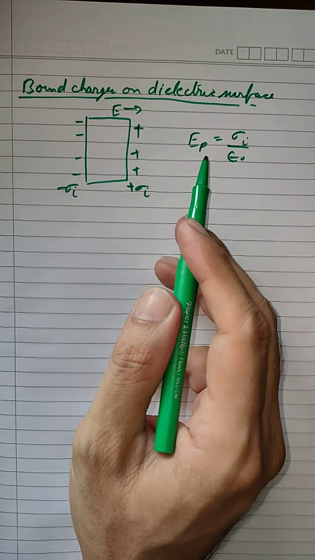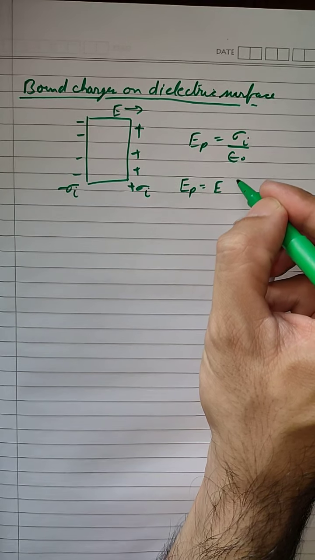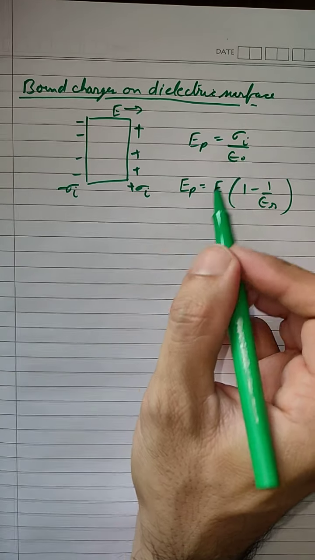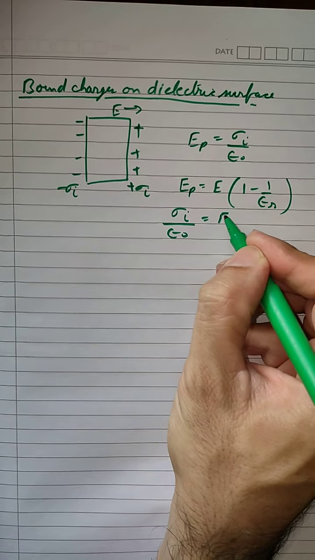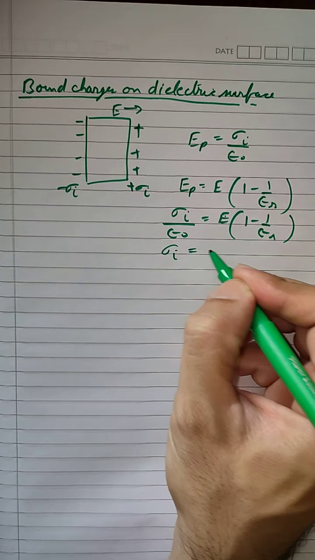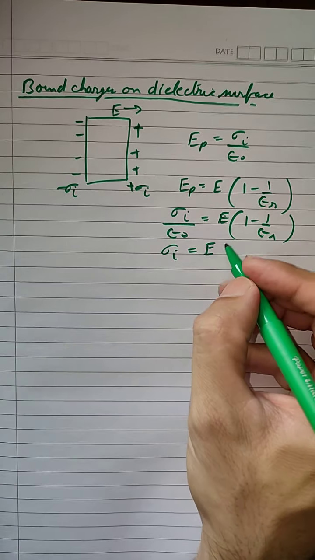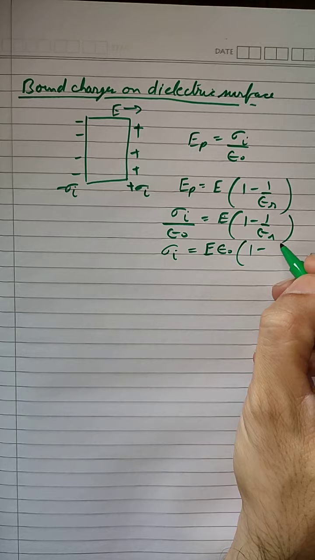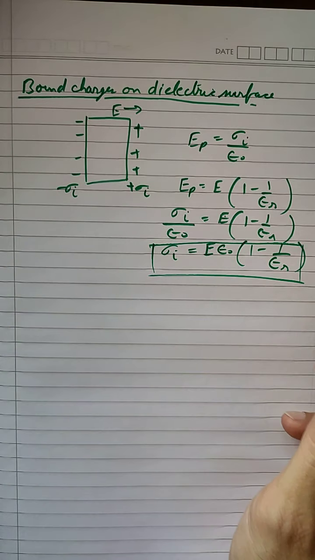Now putting this in the formula that we derived in the previous video, EP will be equal to E(1 - 1/epsilon_r). So we can write epsilon naught here. The surface charge density on the surface of the dielectric is given as the external electric field multiplied by the permittivity of free space into (1 - 1/relative permittivity of the medium). So this is another important formula for your numericals.